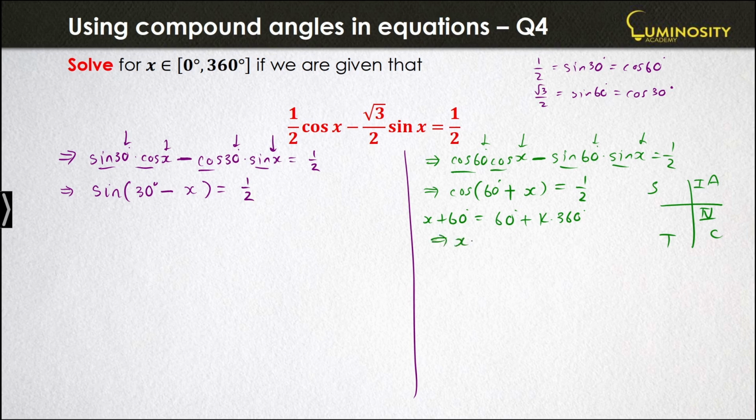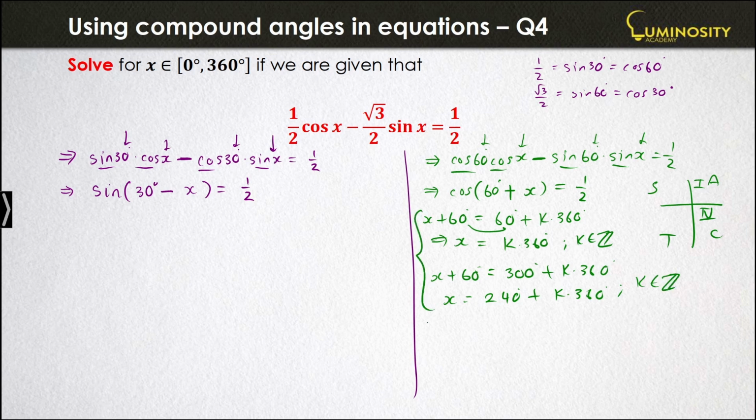If I subtract 60 on both sides, x equals k times 360, where k is an integer. In the fourth quadrant, x plus 60 degrees equals 360 minus the reference of 60, which is 300 degrees, plus k times 360. Subtracting 60 degrees on both sides, x equals 240 degrees plus k times 360, where k is an integer.